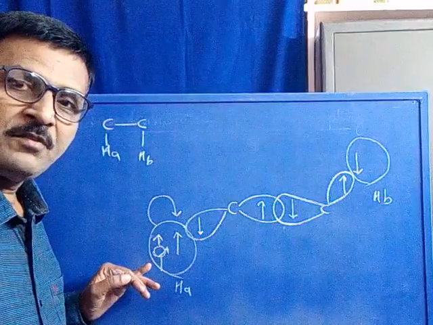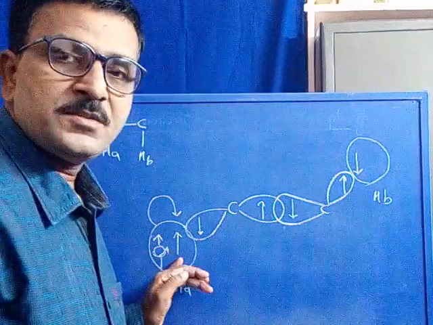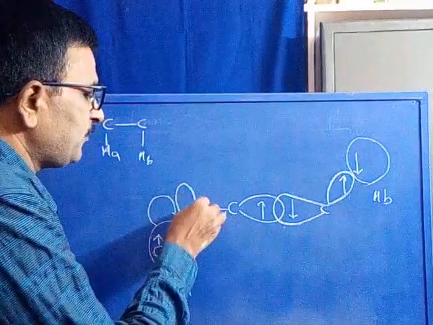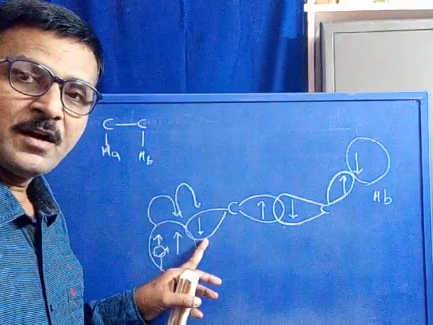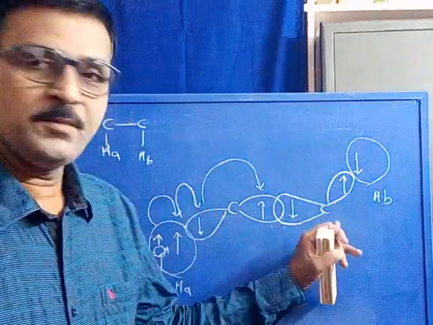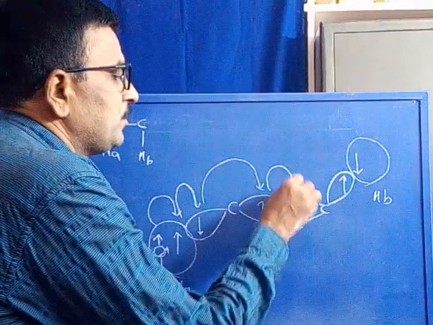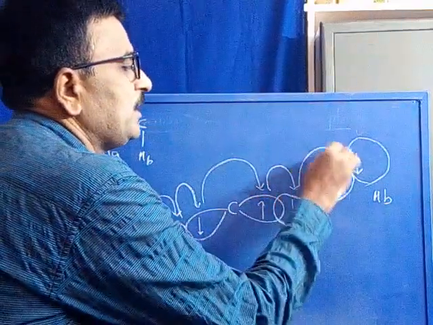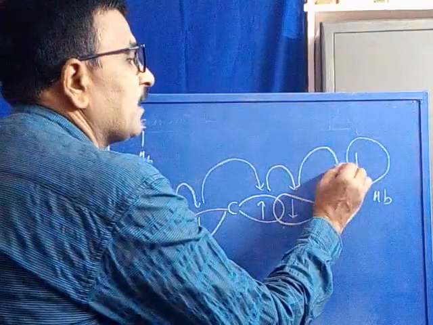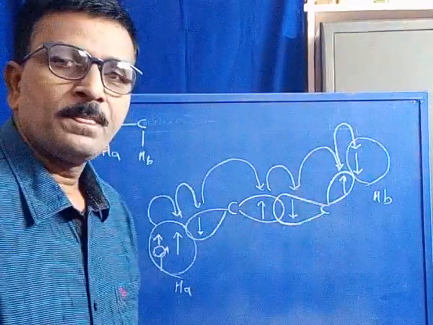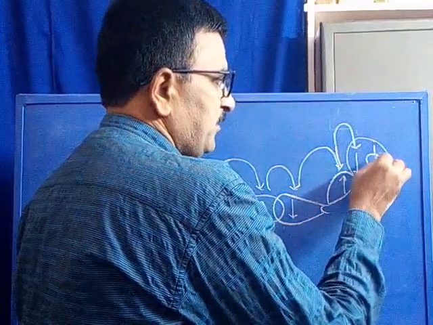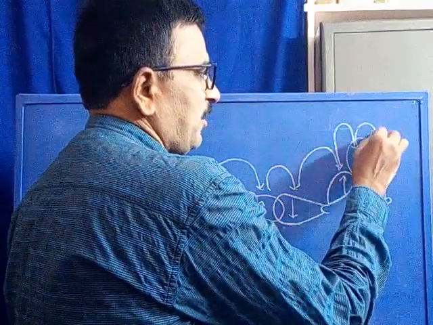It is then transmitted to the electron of the carbon, and then further to the electrons of the carbons present between the two carbons, and finally the electron of the carbon-hydrogen bond, and then the electron of HB hydrogen, and then the nuclear spin of HB hydrogen. This is the nuclear spin being transferred.